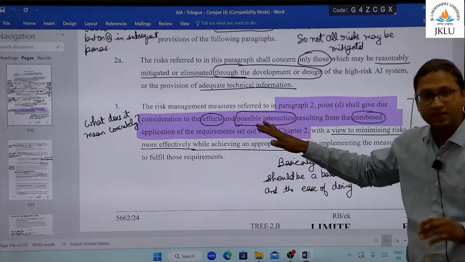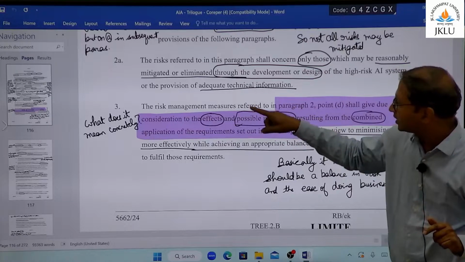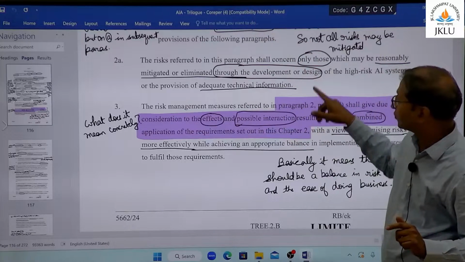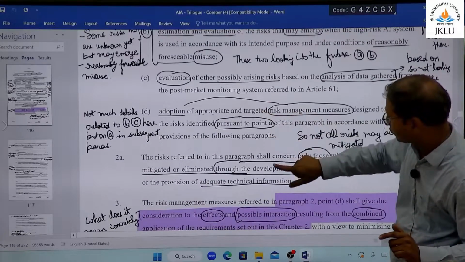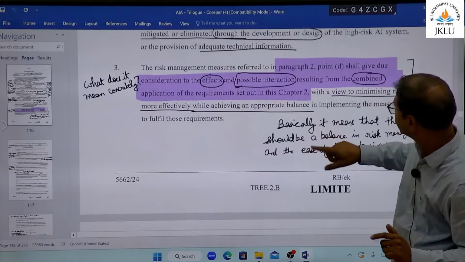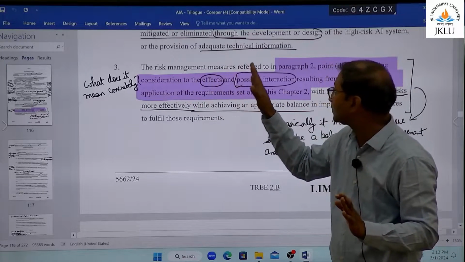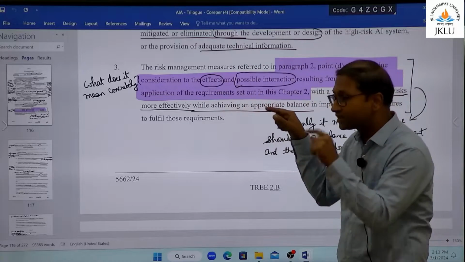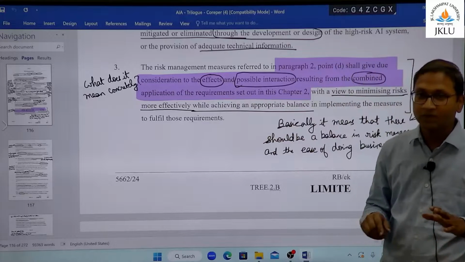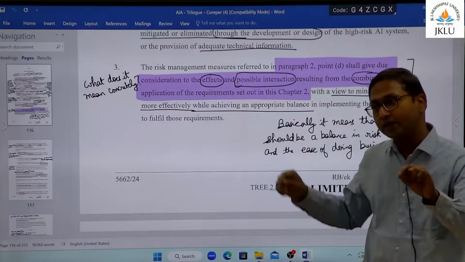Now, this in a way tries to give you some breathing space, which says the risk management referred to in paragraph 2, point D, which is this one, for which this paragraph also applies, shall give due consideration to the effects and possible interaction resulting from the combined application of requirements set out in this chapter.